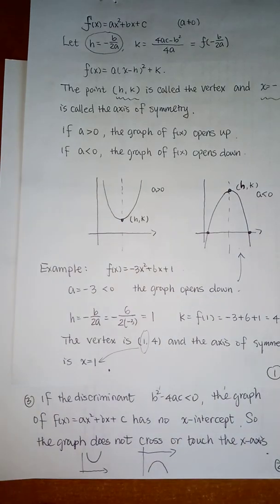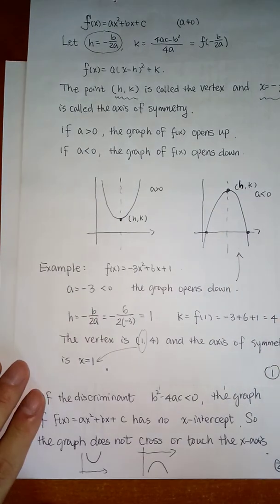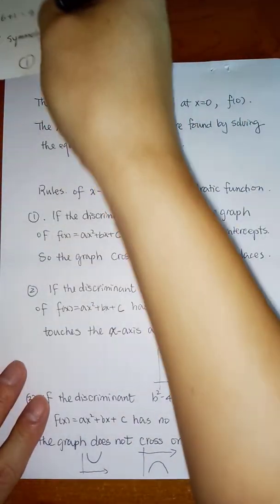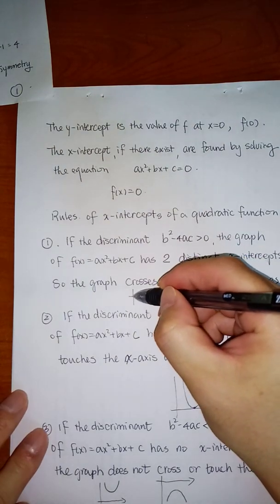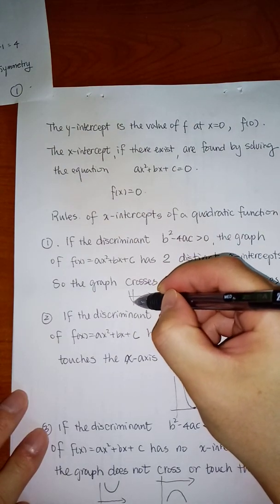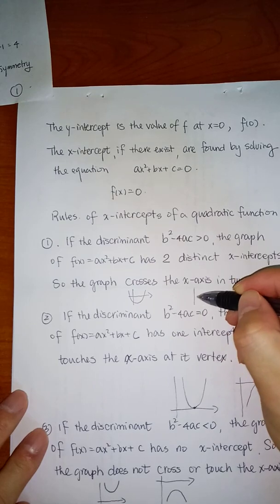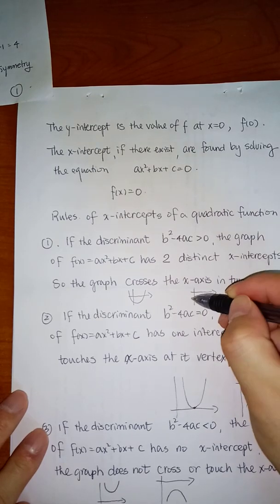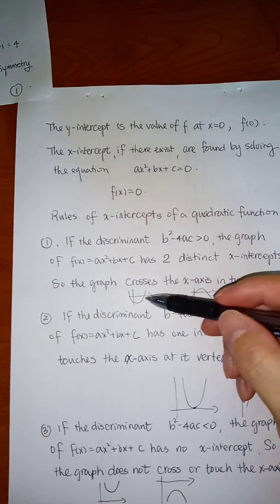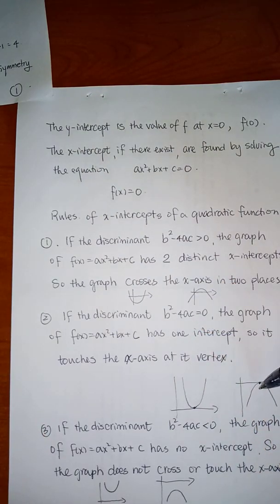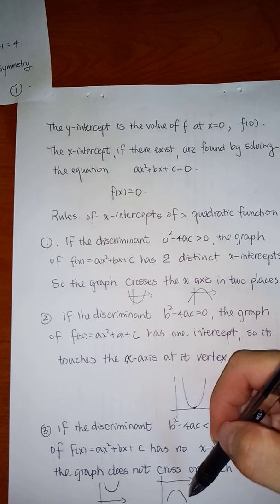Okay, that's the intercept, vertex, graph, and discriminant. So in this case, you can see that it crosses this way, or this way. This is a cross. You have a cross case, you have a touch case, you have a no intercept case.